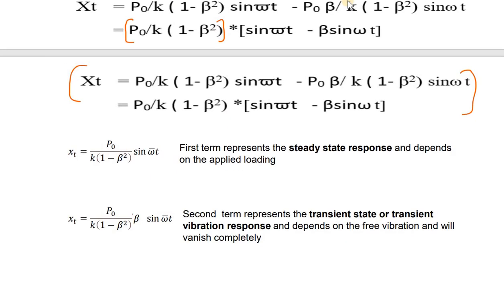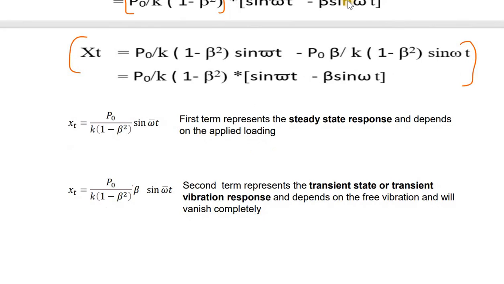Here you have to understand an important point: this consists of two terms. This one is the first term, and this one is the second term. The first term, b0 by k, 1 minus beta square, sin omega t, is known as the steady state response.